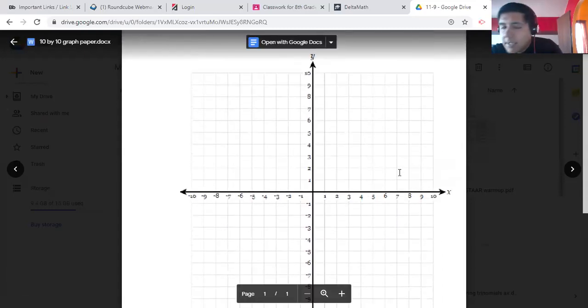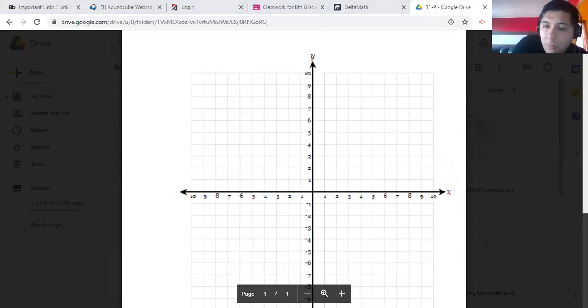All right, so let's see how that looks. We're going to start off by graphing our original points, our pre-image. The first one was (5, 2). Next we had (5, 8). We have (9, 8).